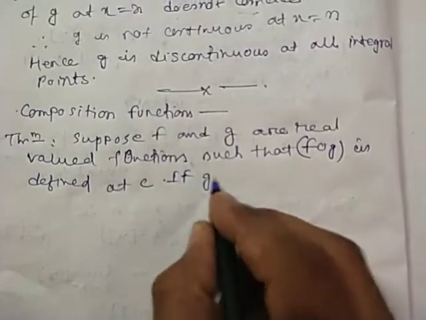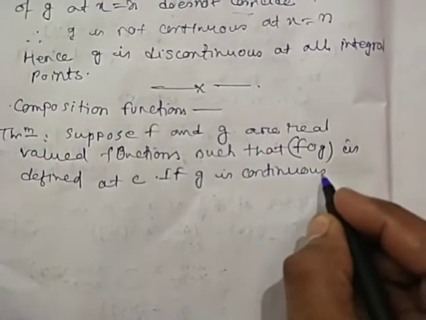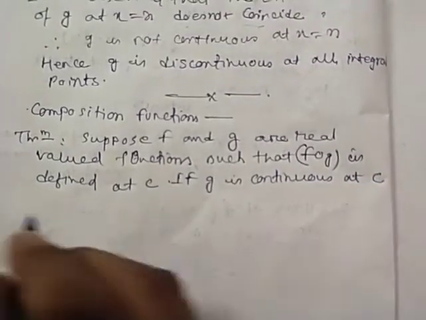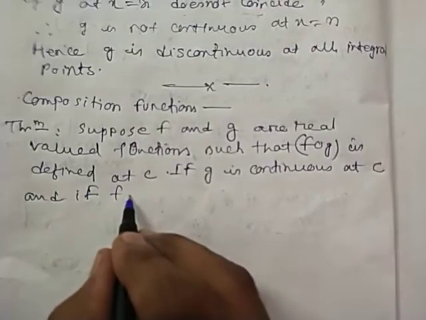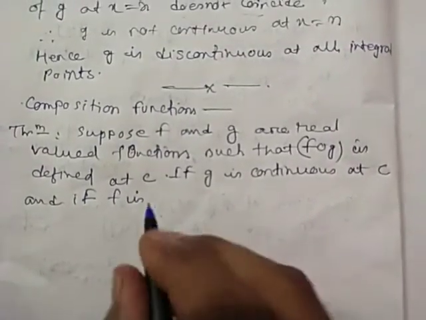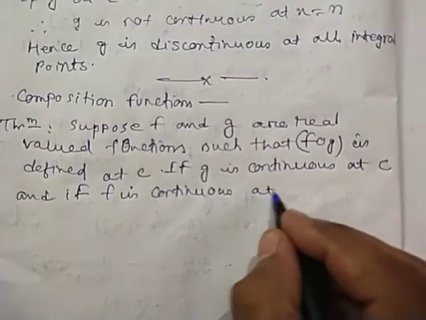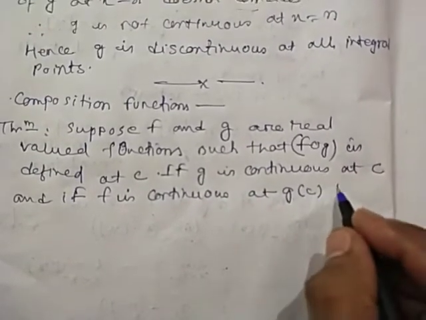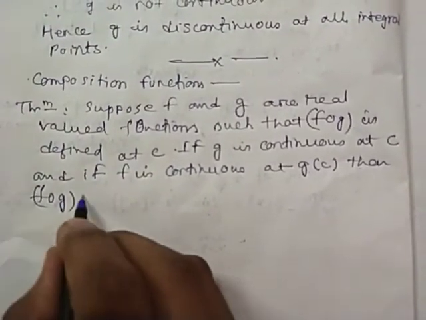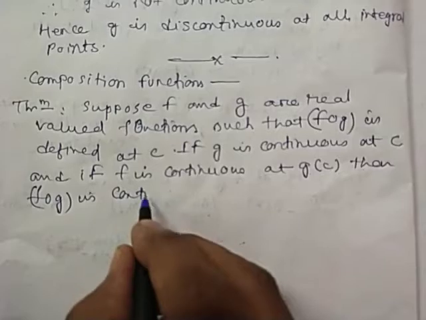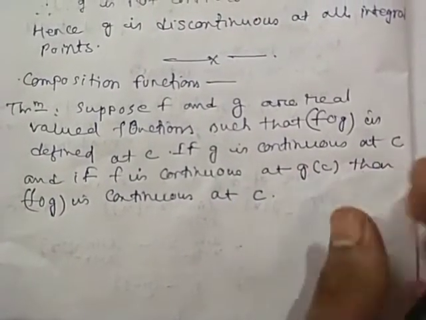If g is continuous at c, and if f is continuous at g of c, then f o g is continuous at c.